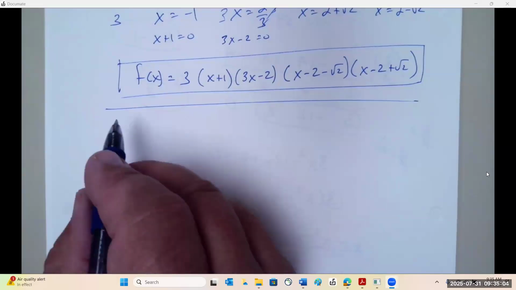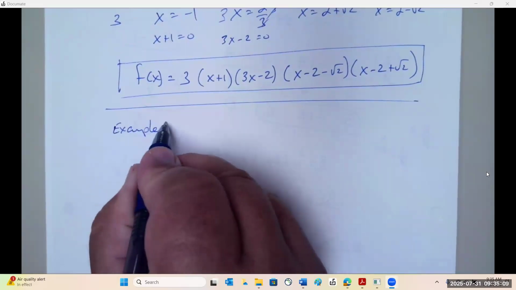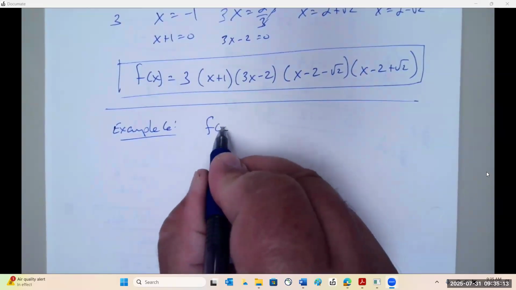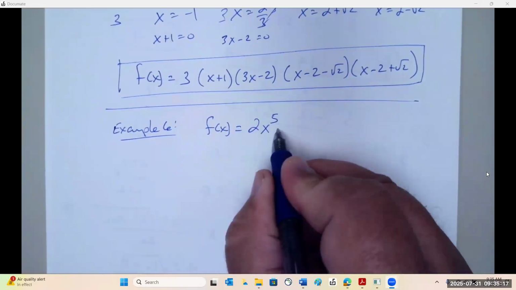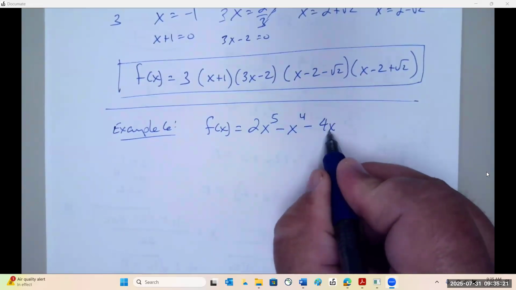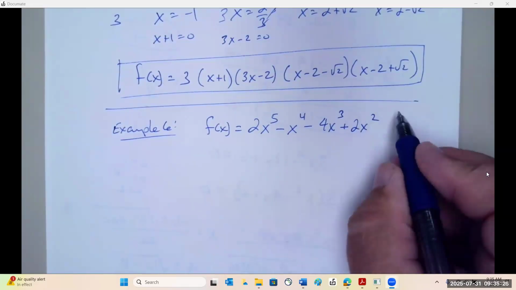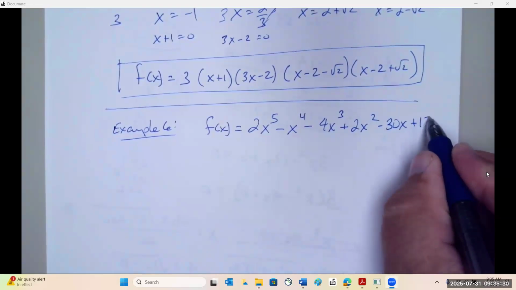All right, let's look at another one. Example 6. Given this polynomial, 2x to the 5th minus x to the 4th minus 4x cubed plus 2x squared minus 30x plus 15.